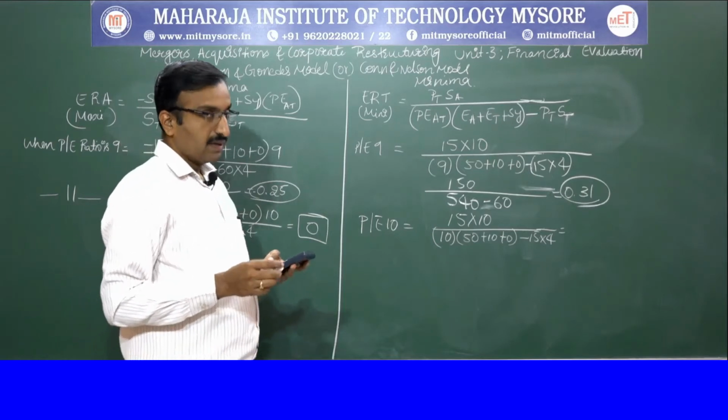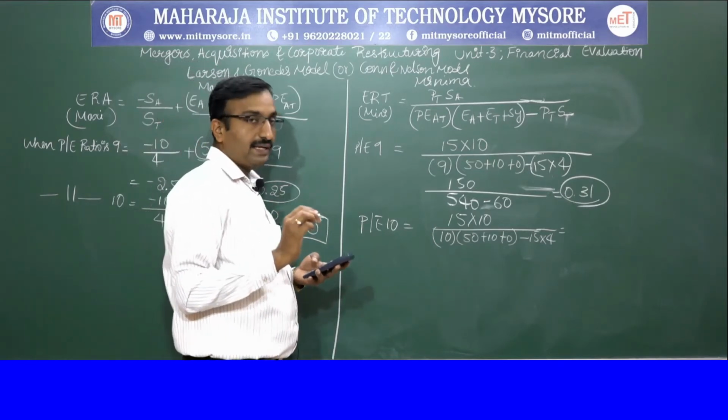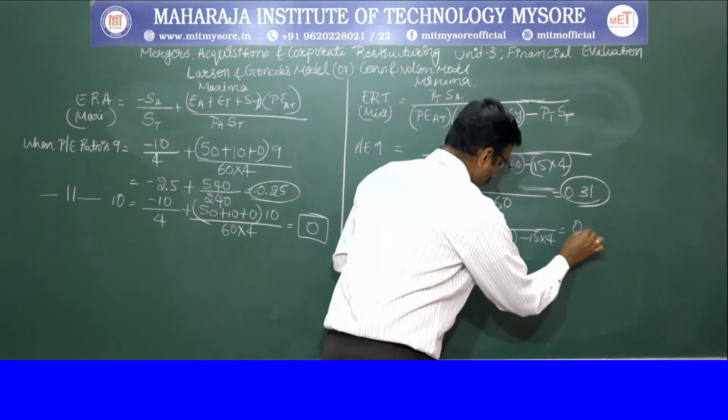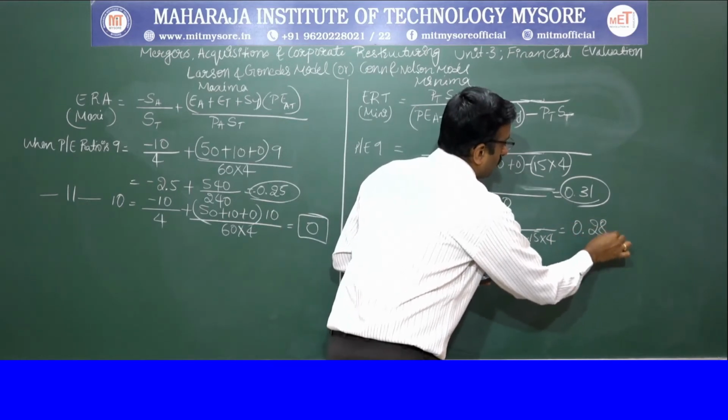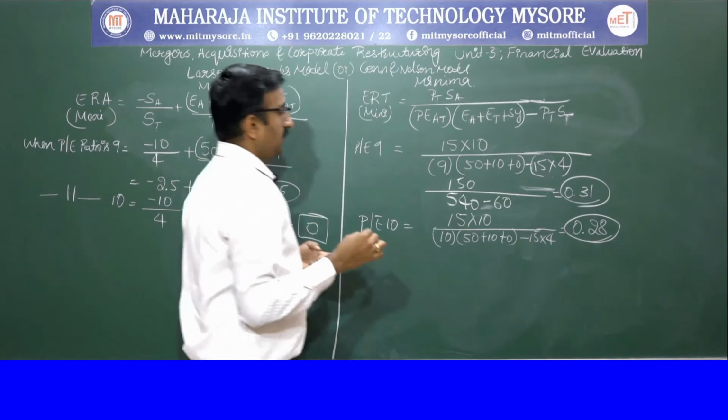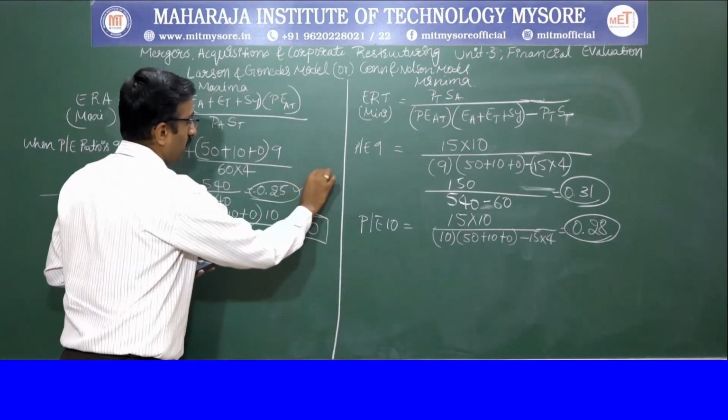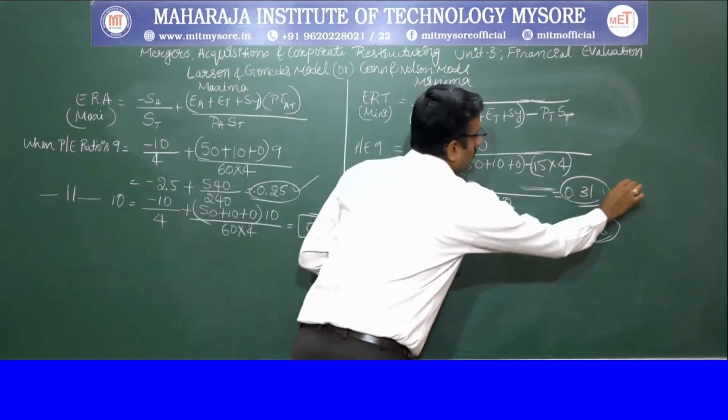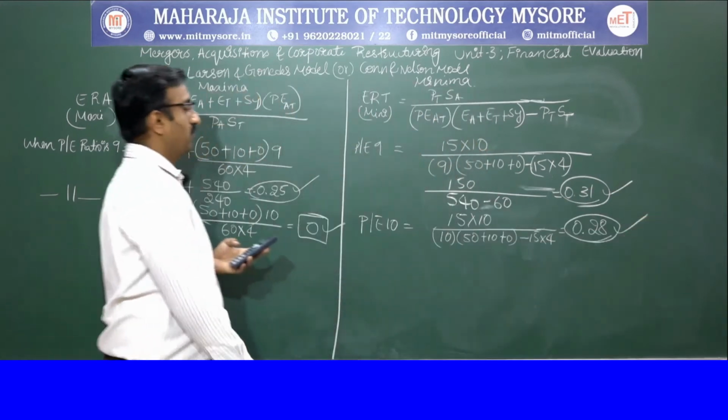So we will get 0.277, you can take it 0.28. So this is 9, this is 10, this is 9 and this is 10 times.